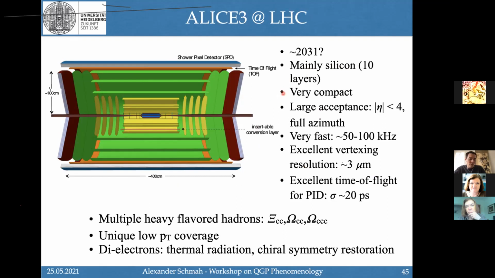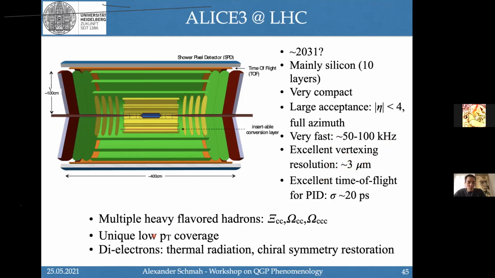This means you have super fast readout, and this goes to 50 to 100 kilohertz. So you can get many events per second. You have perfect resolution. This means you can identify D mesons, Lambda_c, and so on.